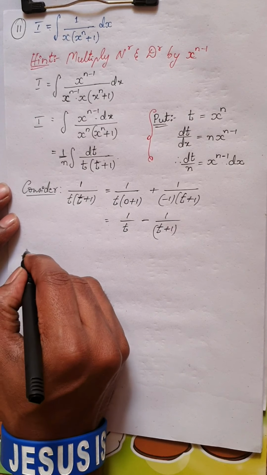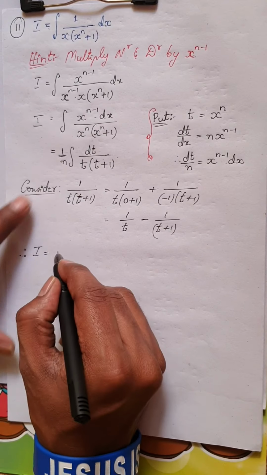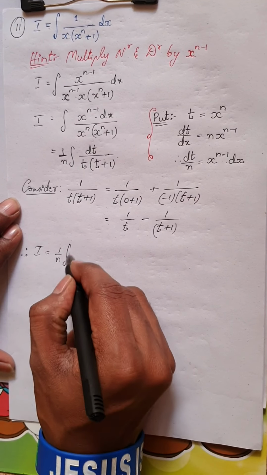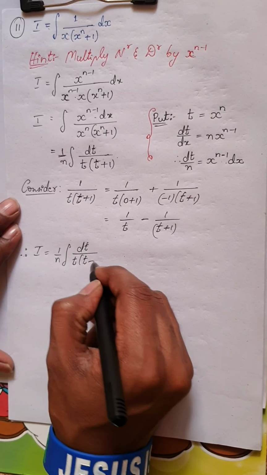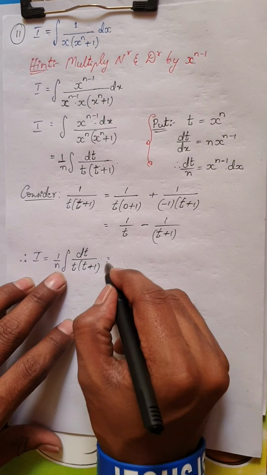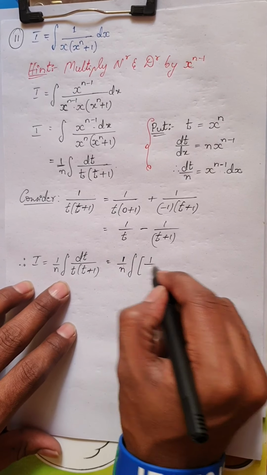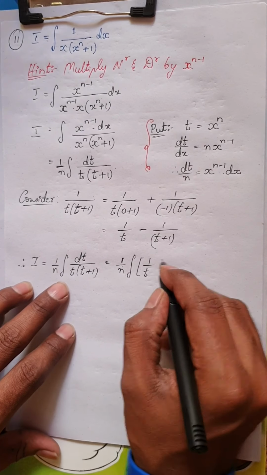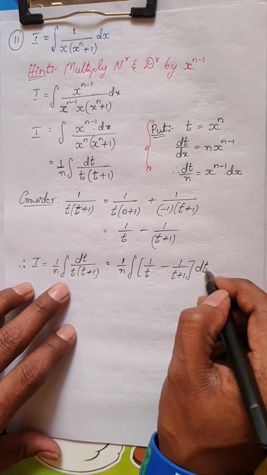Therefore, I is nothing but 1 by n into the integral of dt divided by t into (t plus 1). Keeping 1 by n as it is, the integral of 1 by t minus 1 divided by (t plus 1) dt.